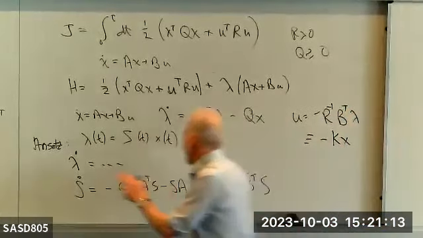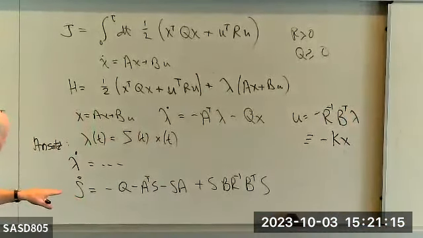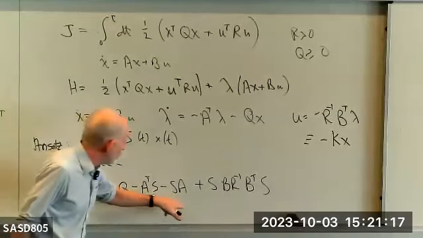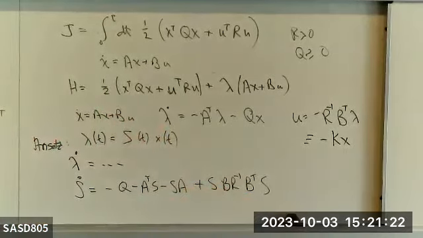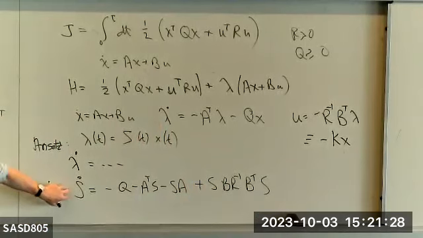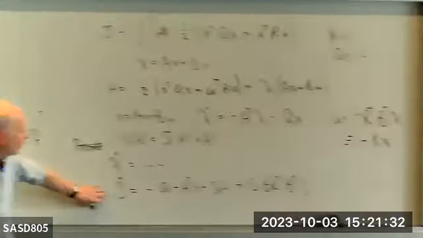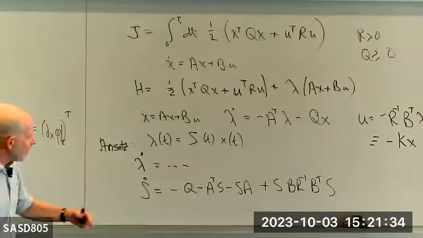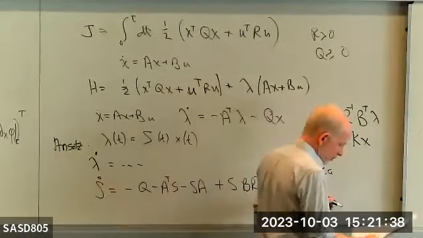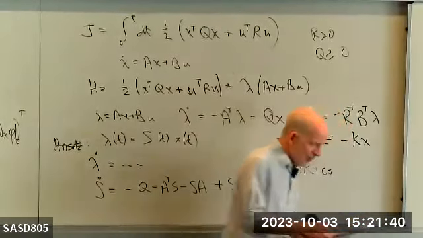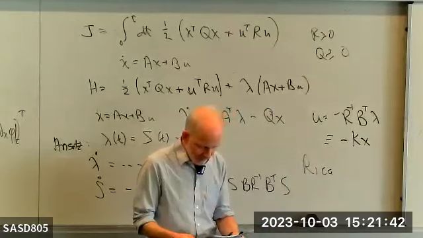Okay, so this is an equation. It's in some sense a bit of a nasty equation in the sense that it's a quadratic equation. So here's an S squared. It's a quadratic equation for this matrix S. So it's a nonlinear ordinary differential equation for a symmetric matrix S. It's called the Riccati equation. Oh, I always forget how to spell Riccati.